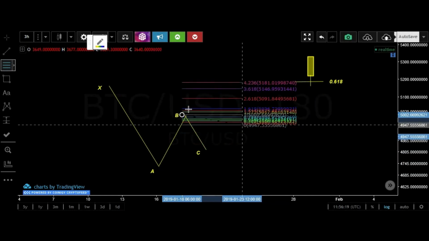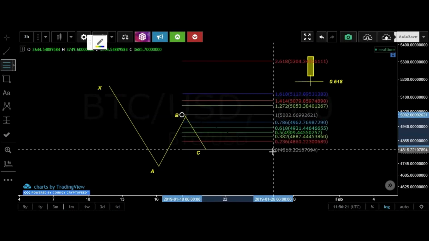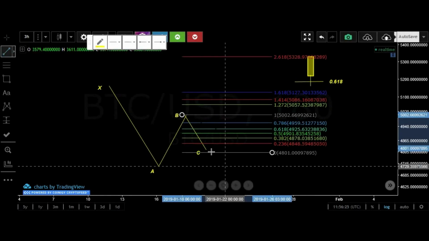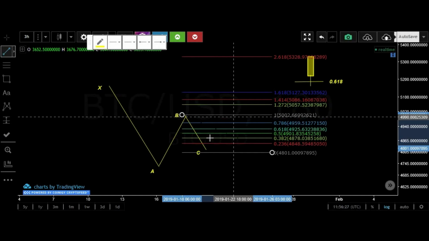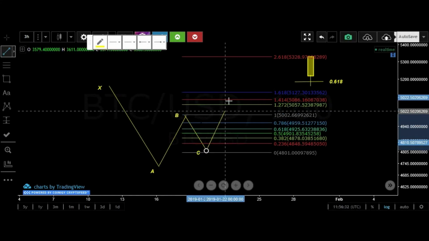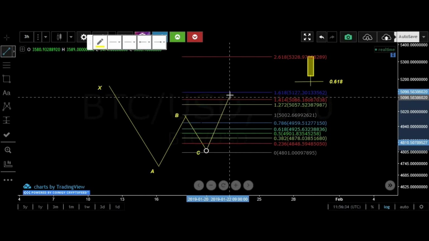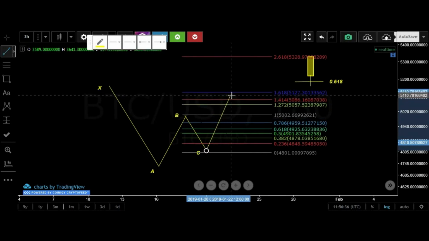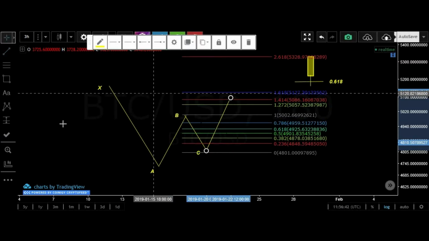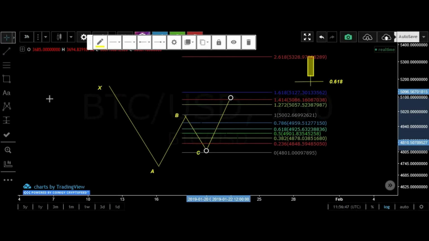So we have from the B leg down to the C leg, and we have price moving back from here up to this zone, that's the 1.618 down to the 1.272. So we have something like this.